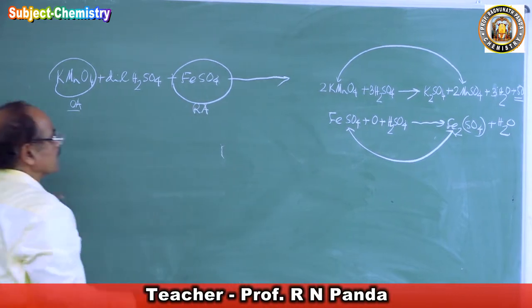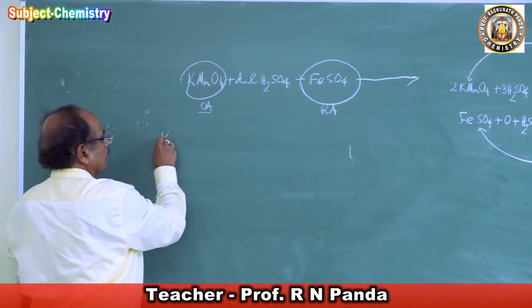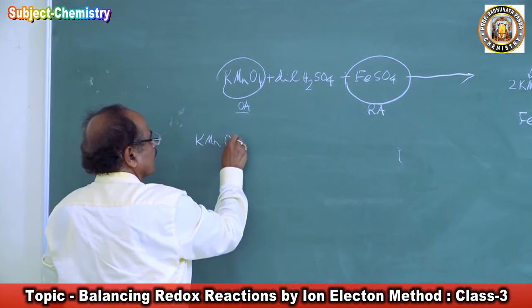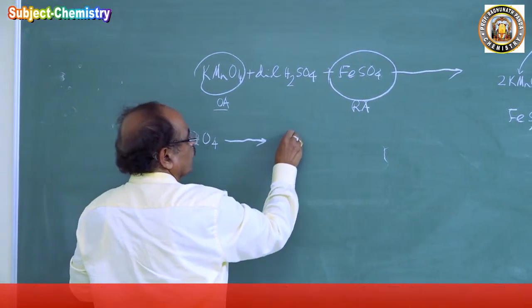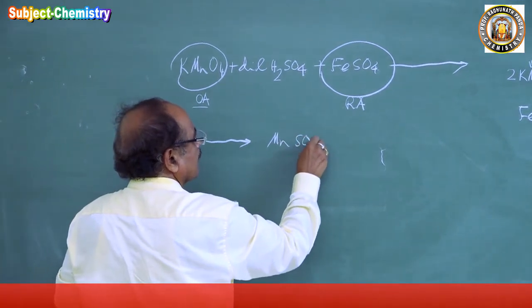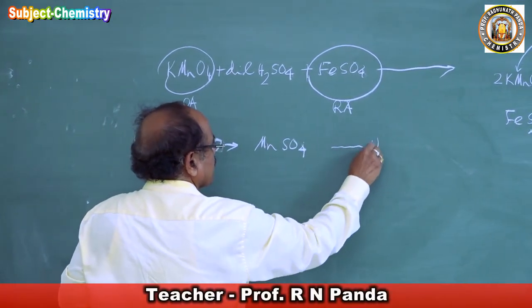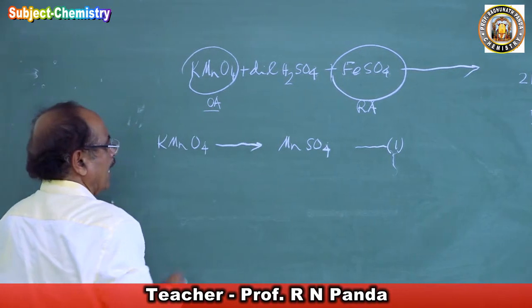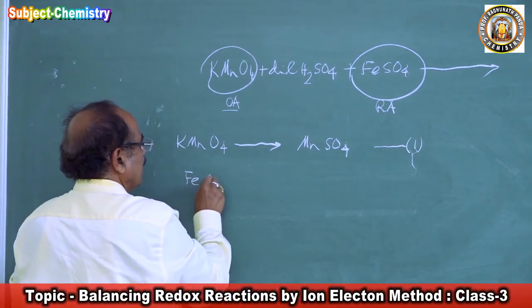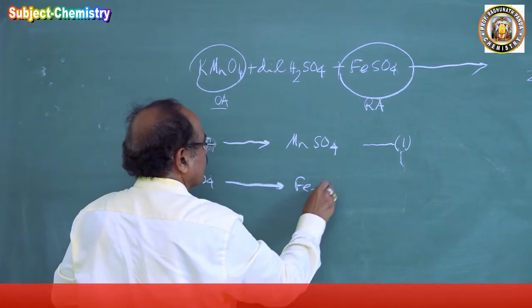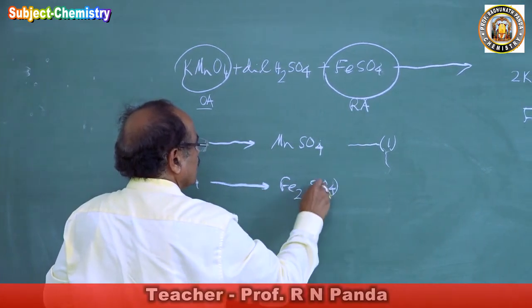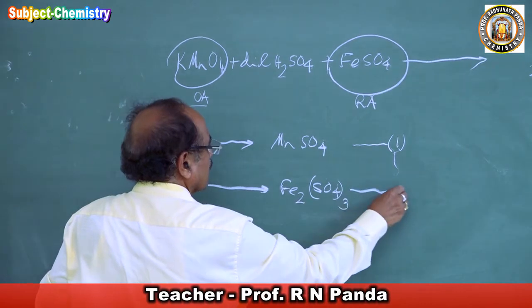We ascertain the oxidation half reaction and reduction half reaction. FeSO4 is becoming Fe2(SO4)3.